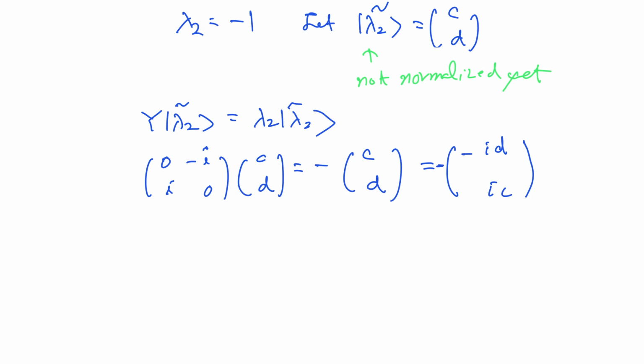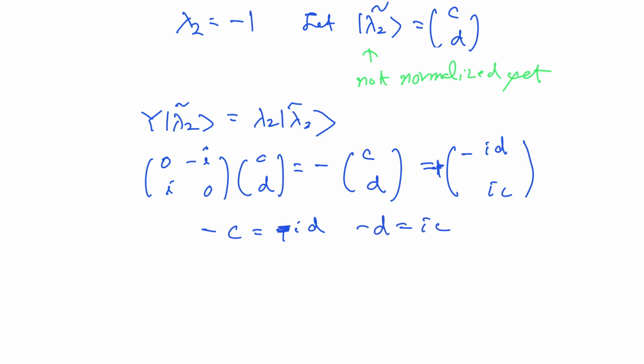Oh, no, we have minus, right? So that is (minus ID, IC). Oh, actually, sorry about that. This is plus. So that means minus C equals minus ID.